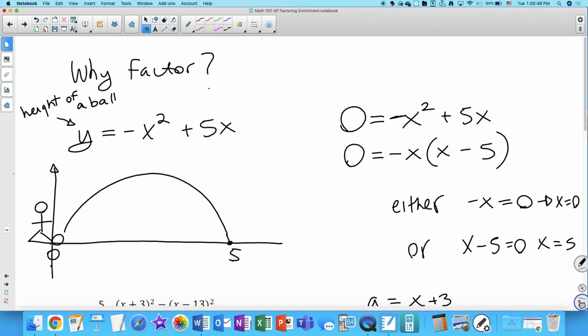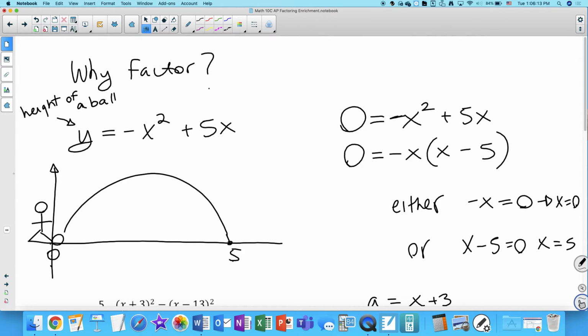It just depends on the type of question that's being asked. And that's just one example of why it might be useful to factor. Tomorrow, or maybe today, but probably tomorrow, we're going to look at another one, called rational expressions, basically looking at algebraic fractions. And we'll see why it's important there as well.